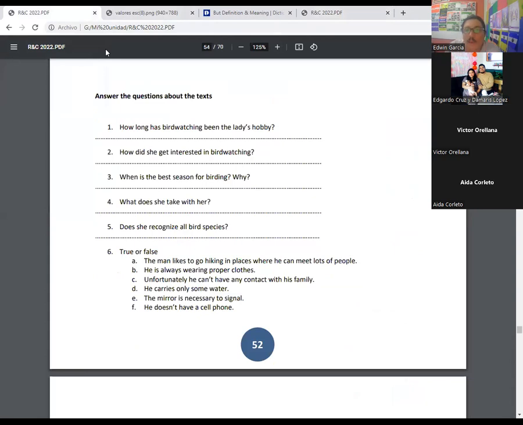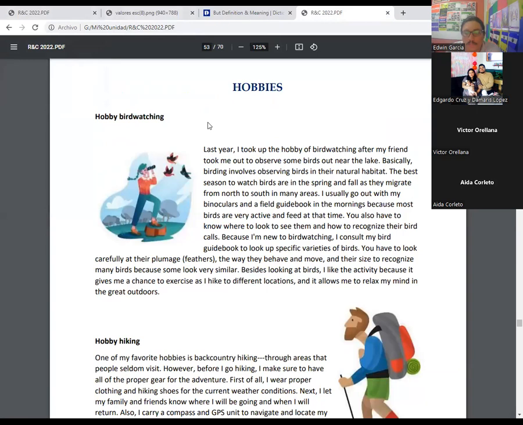The first one is, how long has bird watching been the latest hobby? Okay, let's try to look here. How long? Tell me, how long? How much time has she been doing this hobby?